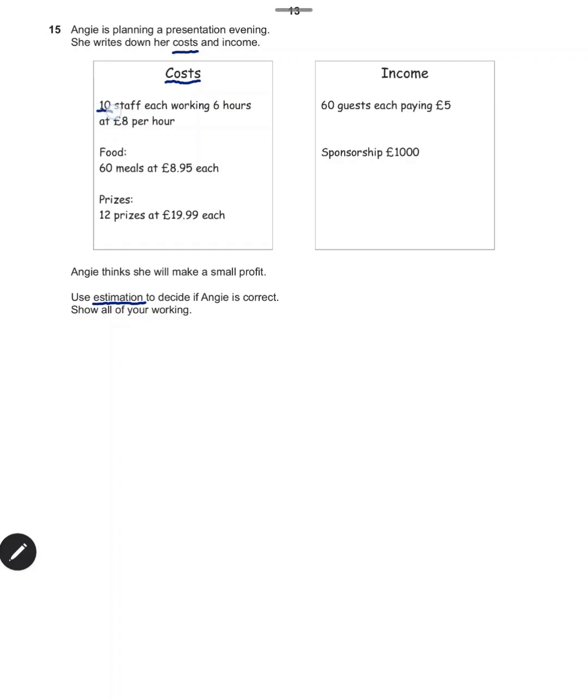If we've got 10 staff working 6 hours at £8 per hour each, well, I need to do 6 times 8, because that's how much each member of staff is going to earn. So 6 times 8, well, 5 8s are 40, that would be 48. And if I then multiply by 10 because there's 10 staff, that there is what she pays on her staff.